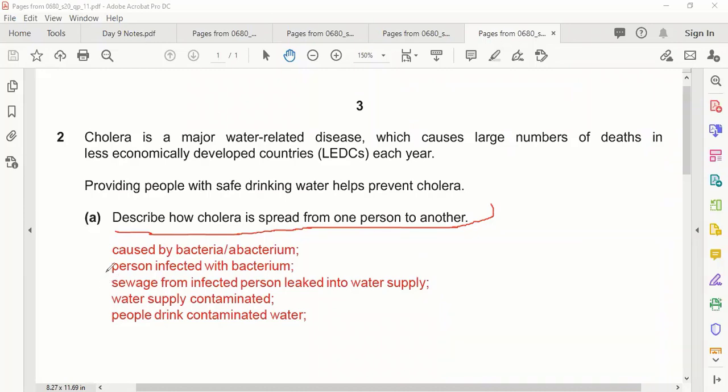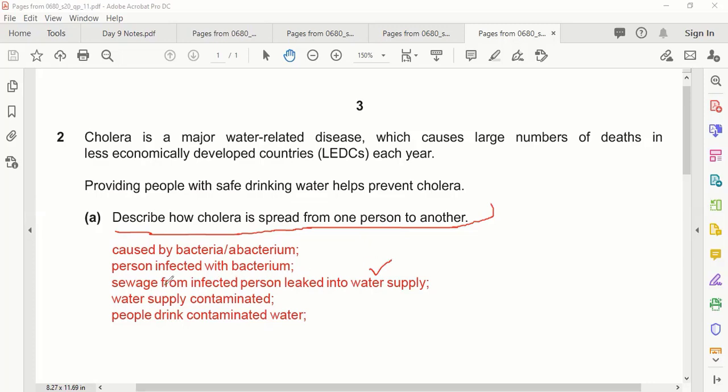Sorry, they're saying caused by bacteria known as plasmodium. No, sorry, this is cholera. We're talking about malaria there. So there is bacteria found in water due to a leak in the water supply.